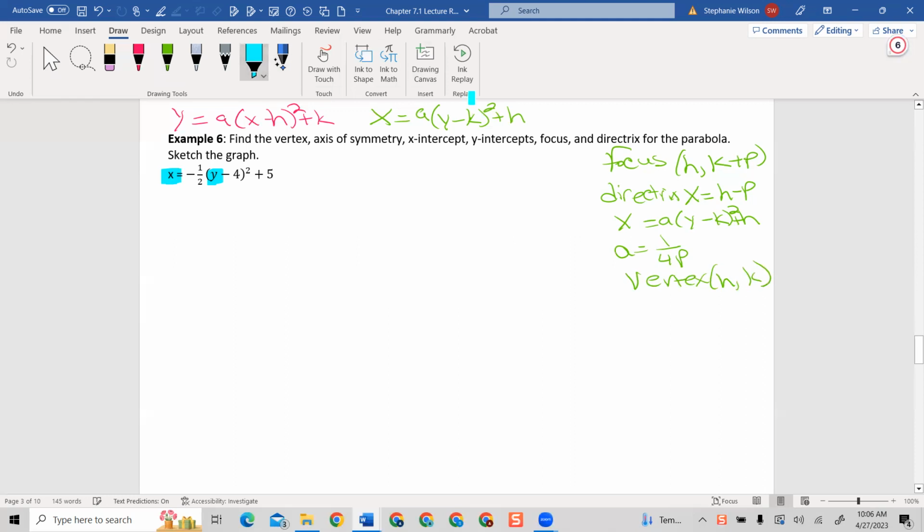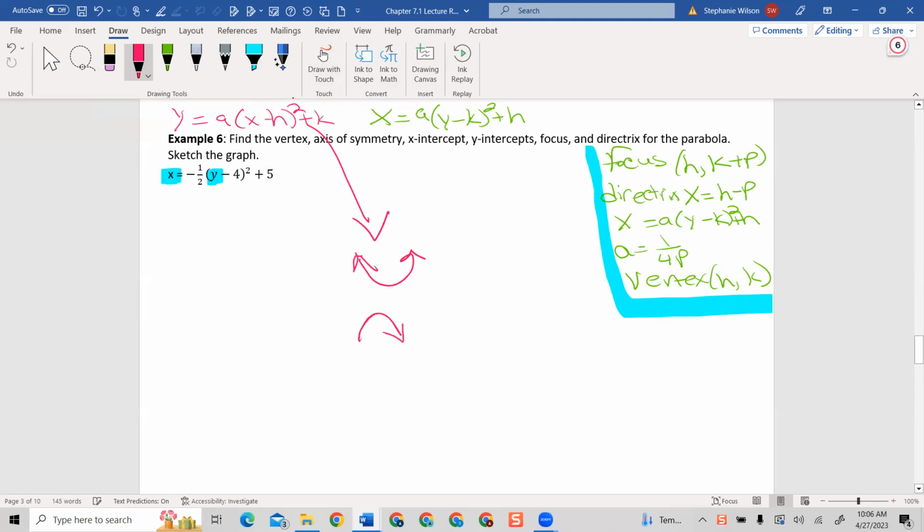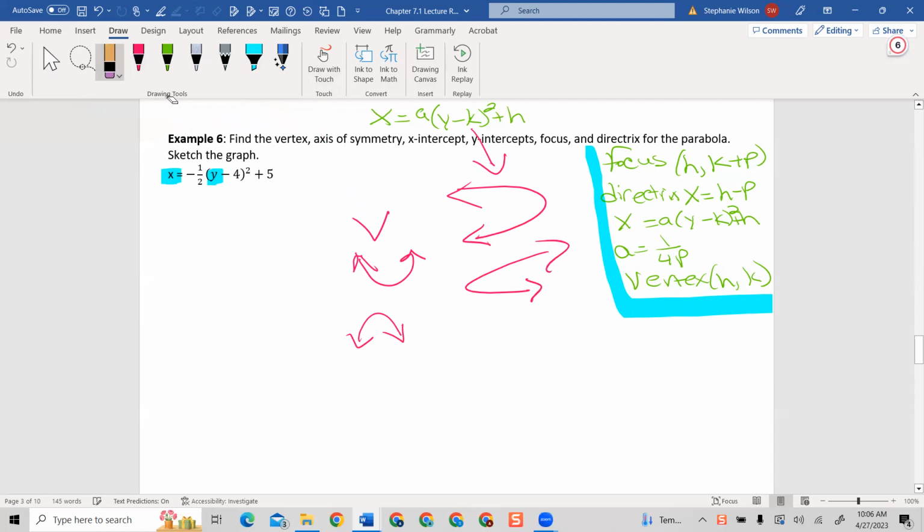All right, guys, this is important that you understand this. When we were working with this format here, the parabola opened upward or downward, right? Now we are working with a parabola that opens to the side. Okay. Now, let me clean this up so we can get started and solve this one.